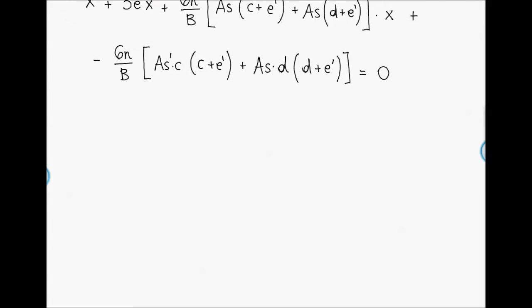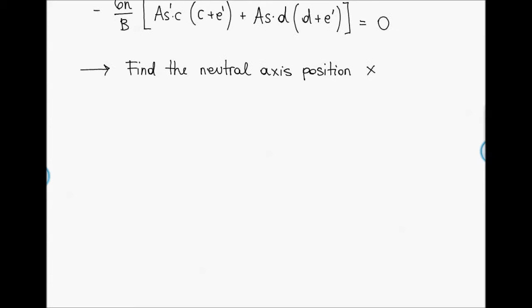using this relationship. So we find the neutral axis position, and then we can calculate the stresses on the cross-section. So sigma c is equal to N over Sni by x.